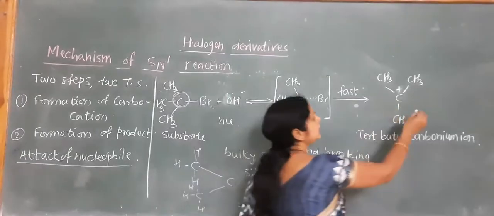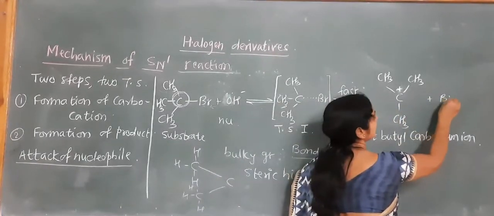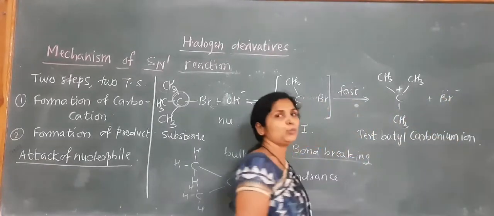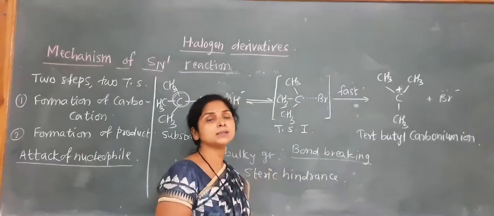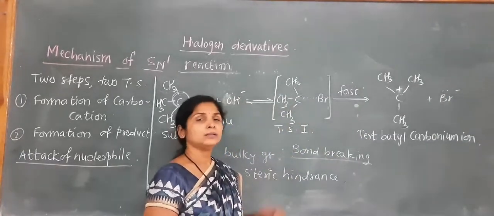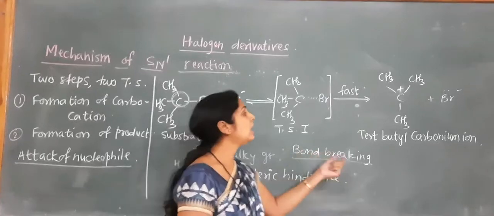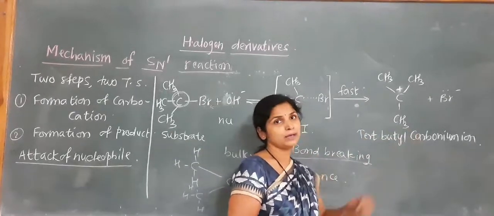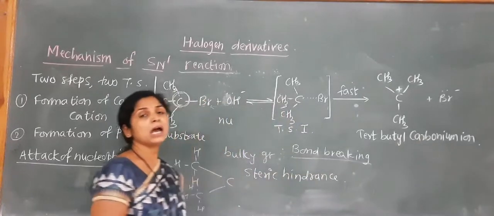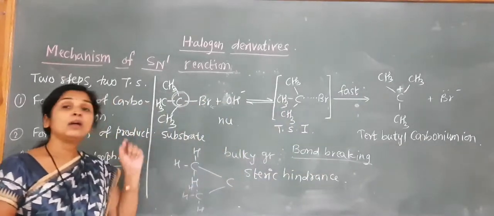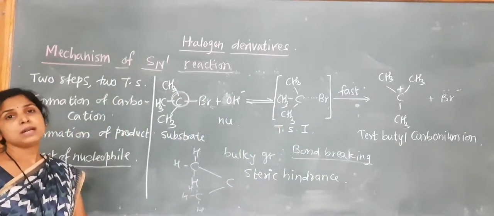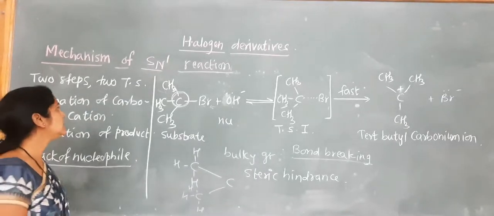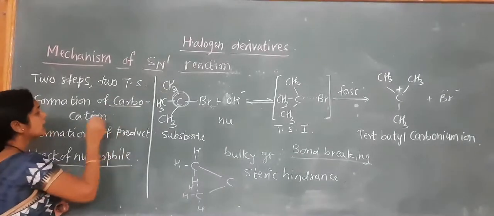Now at the end of the first step we are getting the leaving group only. मग इथे आपल्याला पहिल्याच स्टेप मध्ये हा लिव्हिंग ग्रुप तयार झालेला दिसतो आणि हा तयार झाला tert butyl carbonium ion. This tert butyl carbonium ion has positive charge on the carbon atom, the central carbon atom, and hence it is also called a carbocation.